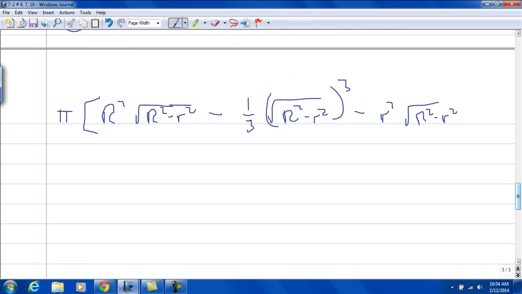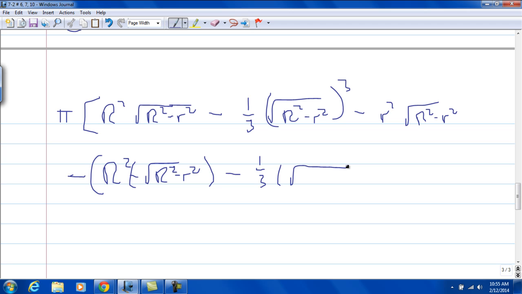and then minus capital R squared times negative square root of capital R squared minus little r squared, minus 1/3 times the negative of the square root of capital R squared minus little r squared cubed, and then minus little r squared times negative square root of capital R squared minus little r squared.